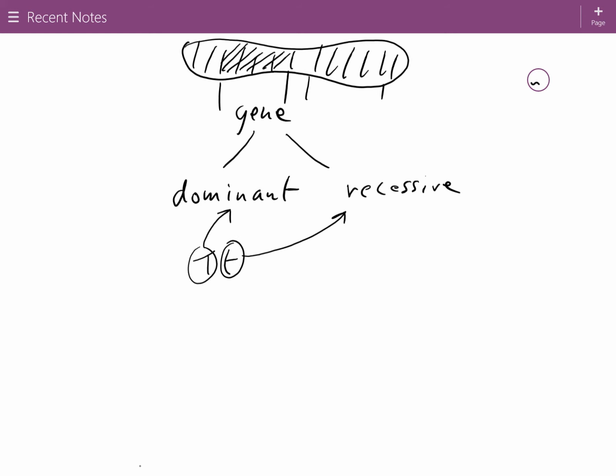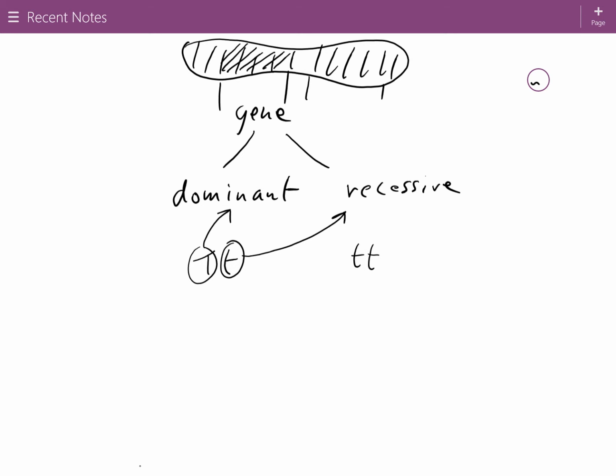In this case, the father is going to be a tall person because he has a dominant gene for being tall. Whenever you have the dominant gene for something, you always express that gene. In order to express a recessive gene, you need to have two copies of the recessive gene. So if someone was to be short, they'd have to have this genotype, two small t's.